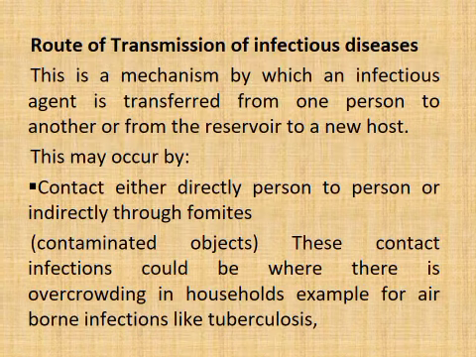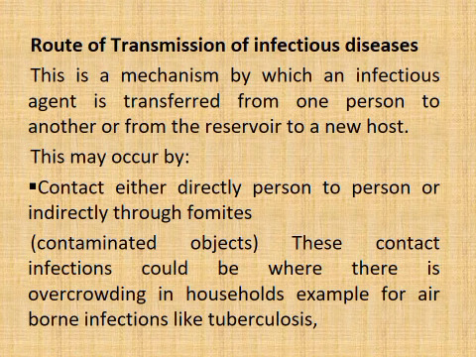Route of transmission of infectious diseases. This is a mechanism by which an infectious agent is transferred from one person to another, or from the reservoir to a new host. This may occur by contact, either directly person to person or indirectly through fomites, that's contaminated objects.